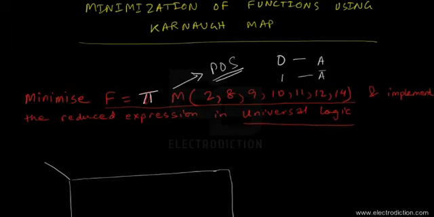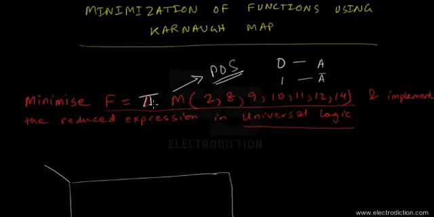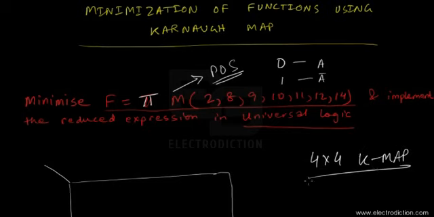If we look at the function again, the highest value of the element is 14, which means we will require a maximum of 16 cells. So we will be needing a 4x4 K-map.